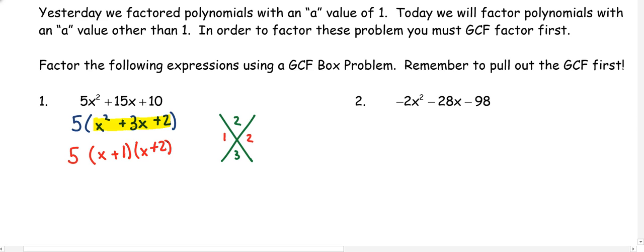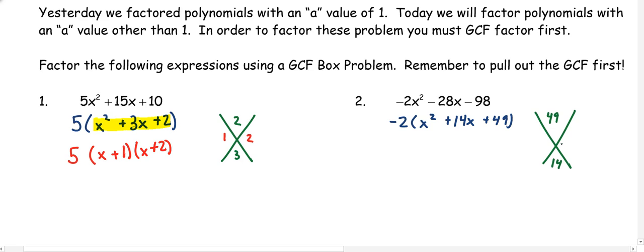In number 2, we have negative 2x squared minus 28x minus 98. In order to get it to be an x squared, I can divide everything by negative 2. So my GCF is going to be negative 2, and when I divide that out, I get x squared plus 14x plus 49. So now I need two numbers that multiply to 49 and add to 14.